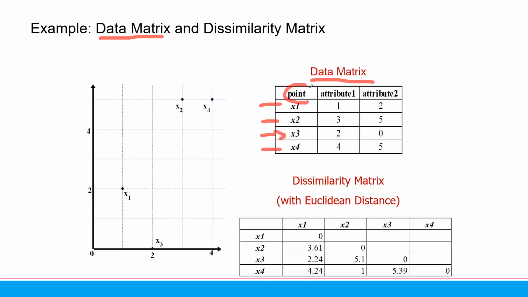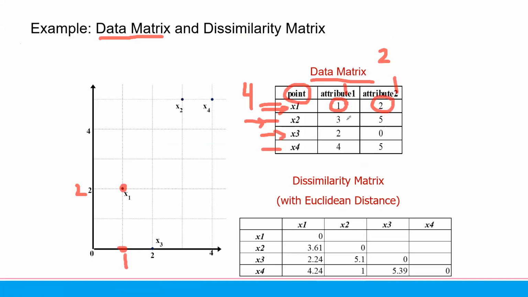We call this a point. We have 4 data points, and we have two columns. We have two attributes. The first data point, x1, has attribute 1 equal to 1 and attribute 2 equal to 2. So this is x1.